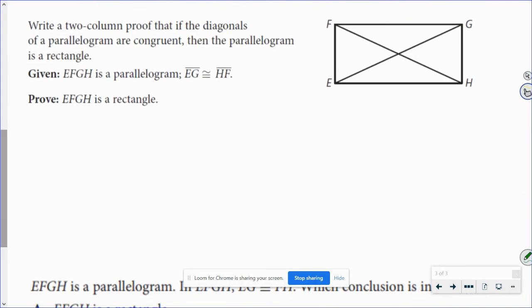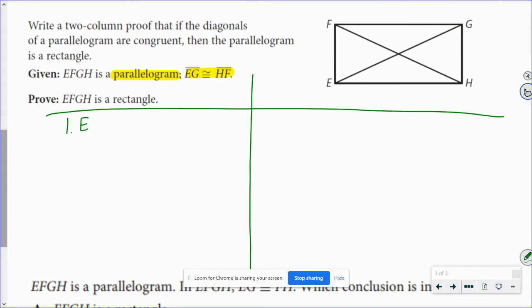Now let's write a two-column proof that if the diagonals of a parallelogram are congruent, then the parallelogram is a rectangle. Okay, so this is one of the reasons we know, but we're actually proving why this always works. So if we already have a parallelogram with congruent diagonals, therefore it's a rectangle. But why does that work? That's what we're focusing on now.